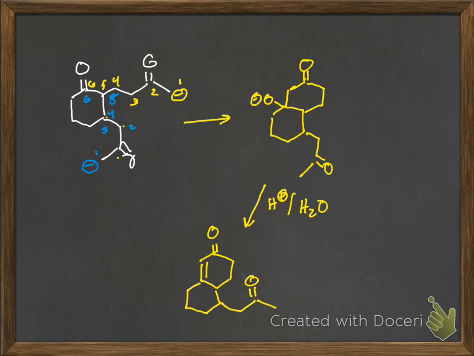Could this go on and be even nuttier? Why, of course it could. I mean, what happens if we try to do this? 1, 2, 3, whoops. 3. It won't let me write a 3. 3, 4, 5, 6. So we could introduce another base in here, and we could have a secondary cyclization that could occur.